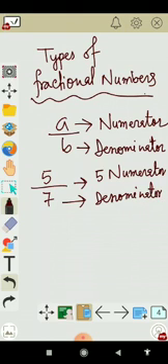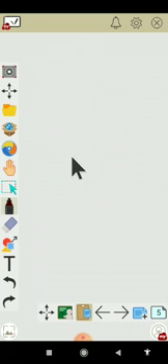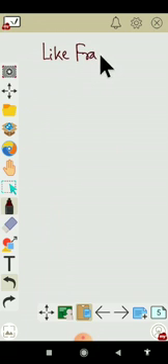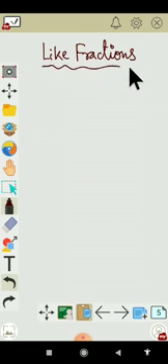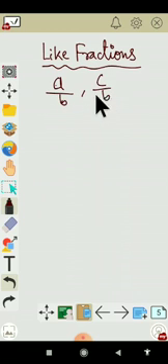Now we will see different types of fraction. First is like fractions. Two fractions, if they have the same denominator, are called like fractions.